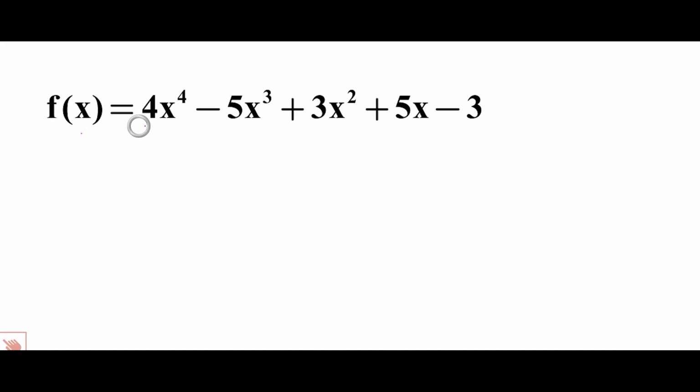Okay, look at this polynomial. It has a bunch of terms added and subtracted. We can find the derivative of this by finding the derivative of each term individually, and that will give us the full derivative.